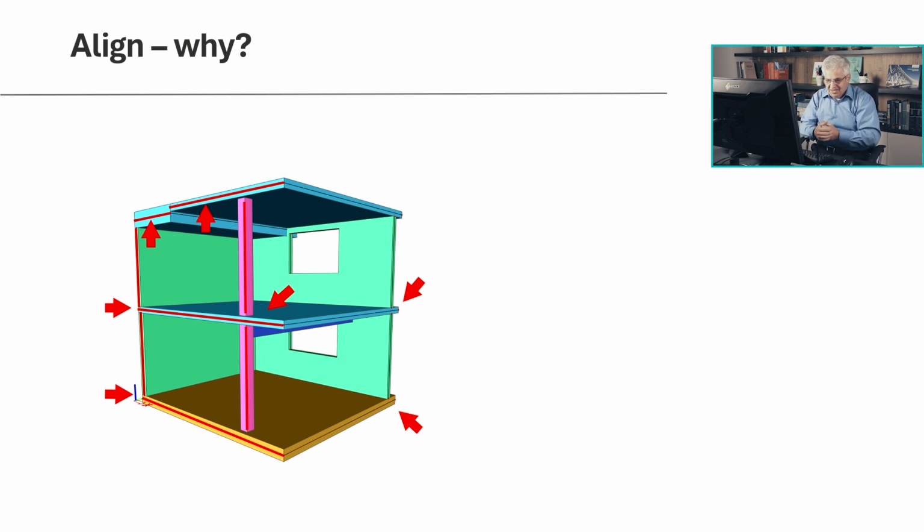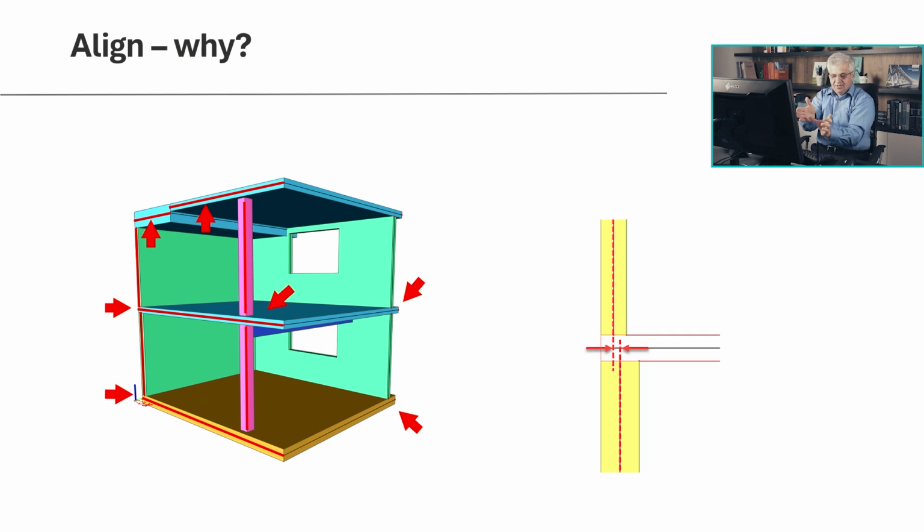Why do you need this alignment? You see the walls have a different thickness, and of course, if you draw it in your CAD software, you use the outer boundary of your building to draw it. So the axis of the bottom wall, which is thicker, and the axis of the top wall are not the same.